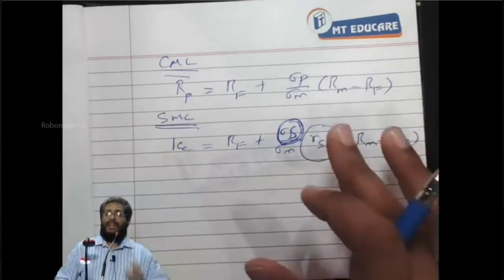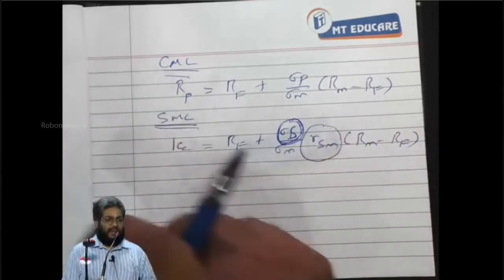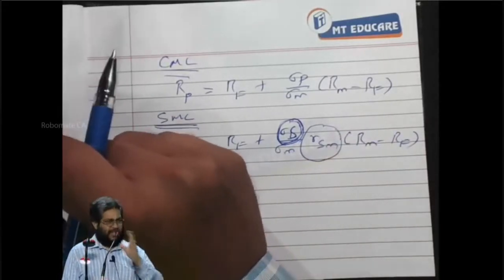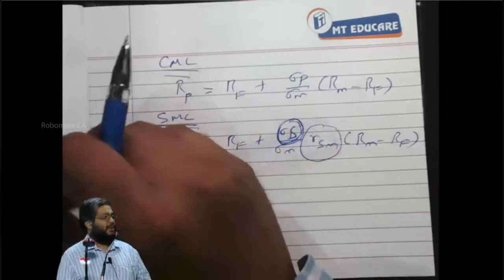Now, let me discuss the last segment, called underpricing or overpricing. Very small issue. We will start doing the problems.